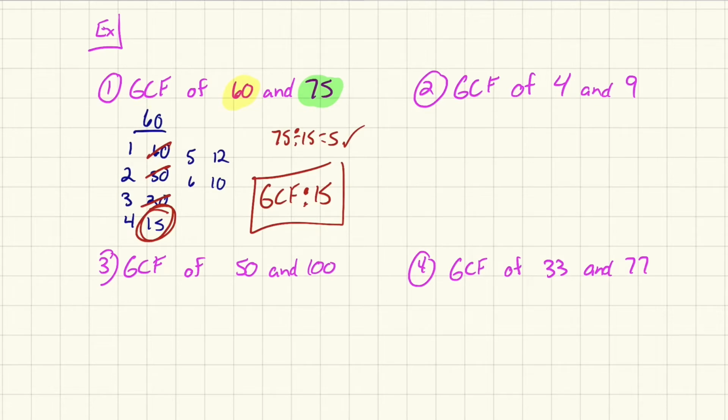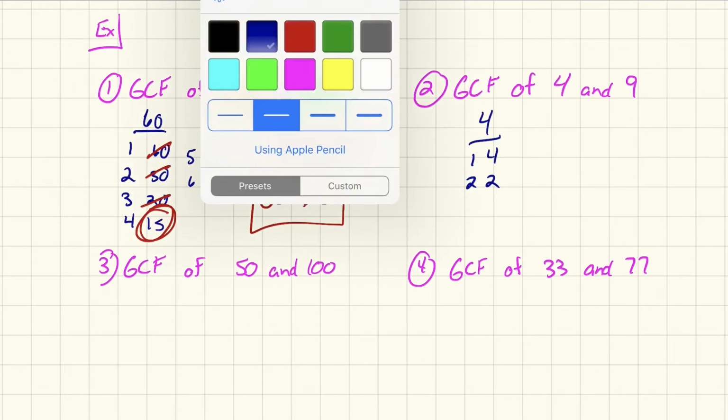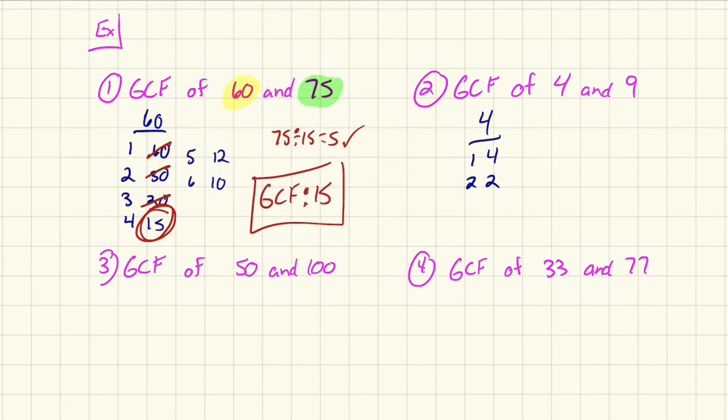Okay, moving on to the GCF of 4 and 9. Again, to start this process, all we're going to do is start with 4, and we're going to try to find all of our factors of 4. Well, that's going to be 1 and 4 and 2 and 2. So those are all of our pairs of numbers that multiply to give us 4. Which one of those will go into 9 evenly? Well, taking a look, can 4 go into 9 evenly?